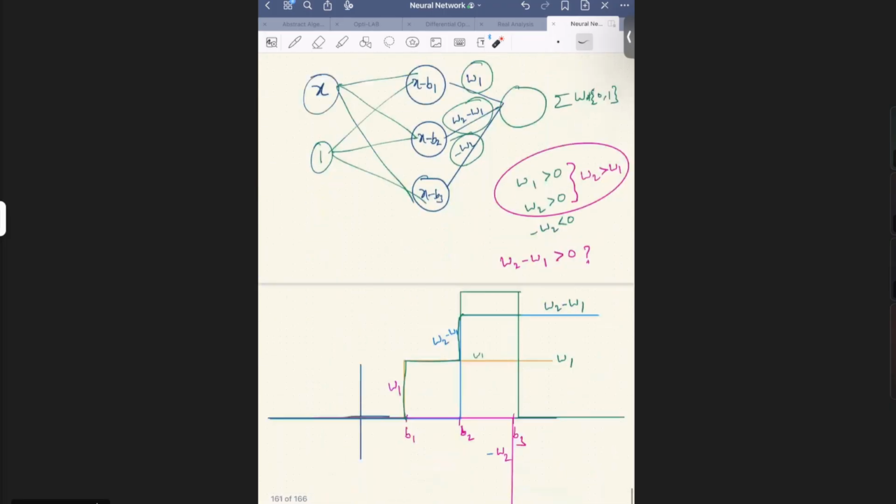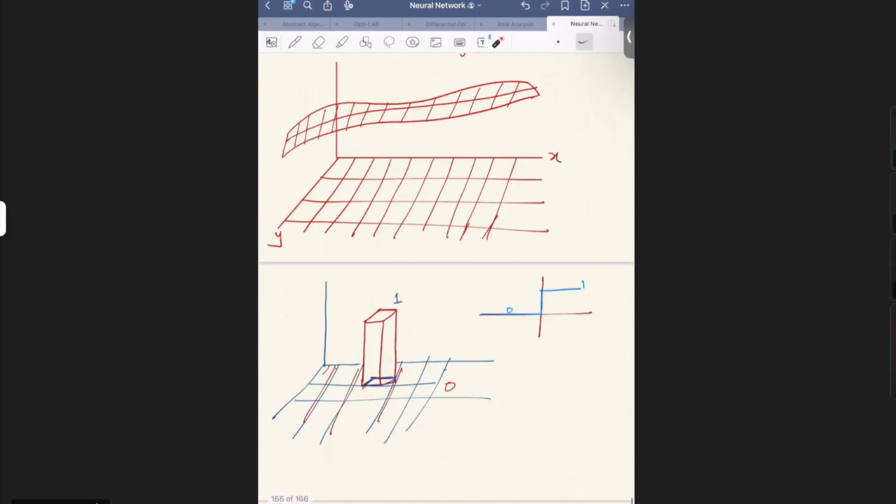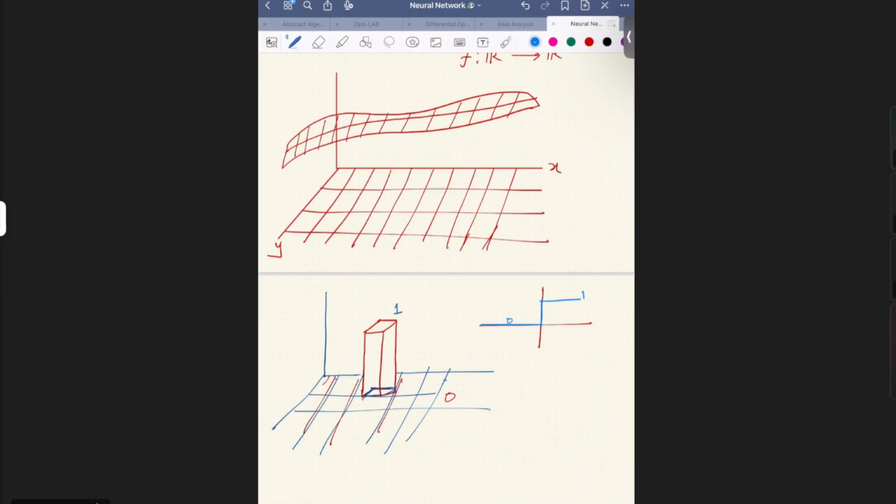Similarly, my question is, what is the neural network architecture which produces this cuboid signal in R2?